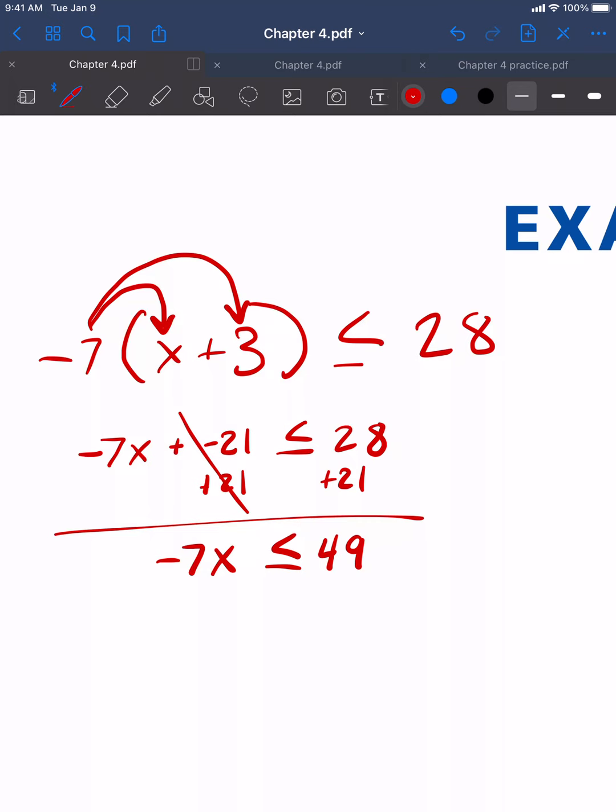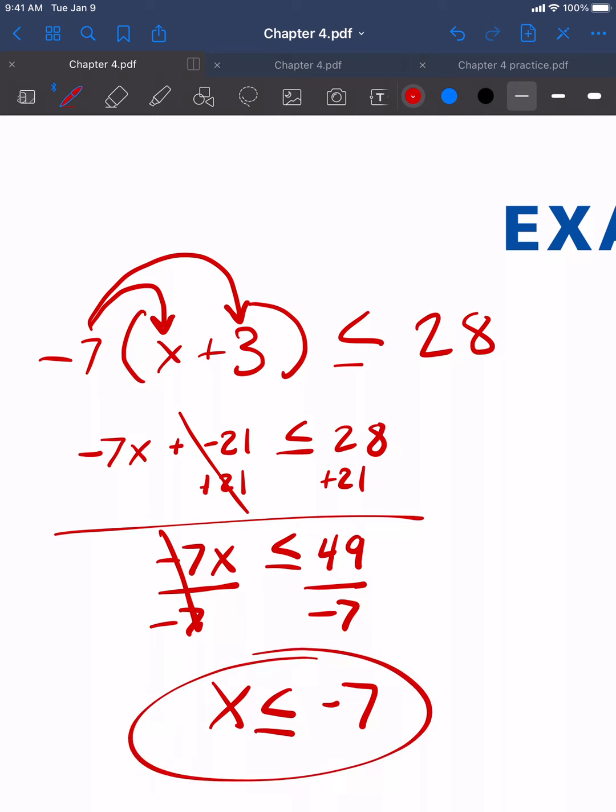Good. So I have x is less than or equal to... Is it negative or positive? Negative 7, because negative 7 times 7 is 49. That is the solution. That is what we're going to go look for in the graphs.